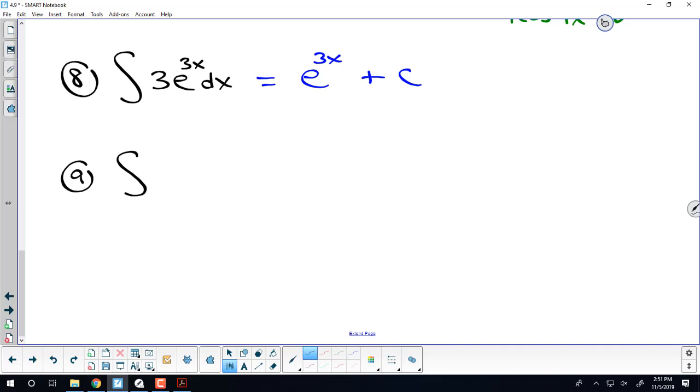What about the antiderivative of 1 over x? Good, yeah. The derivative of the natural log of x is 1 over x.